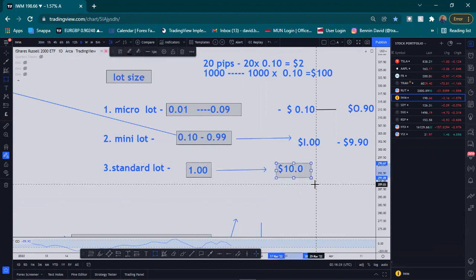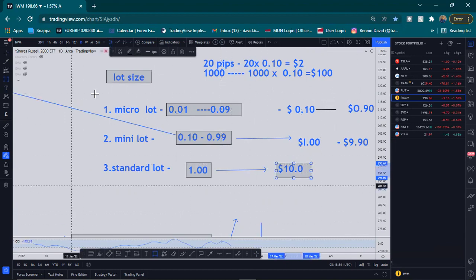So if it goes negative 10 pips, it means you lose all the money in your account before the trade even makes you money. But if you are using 0.01, if it goes negative 10 pips, it will just be what? 10 cents times 10, which will just be negative $1 before it comes to profit. So the lot size you use is based on the account size you have and also the amount of risk that you are willing to take.